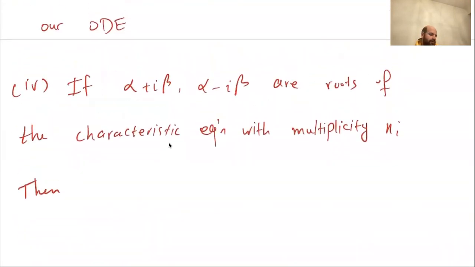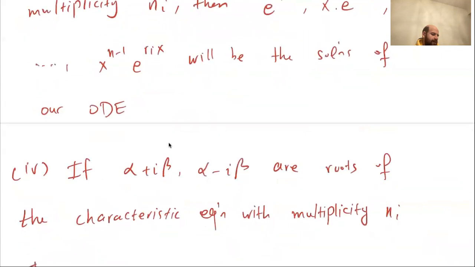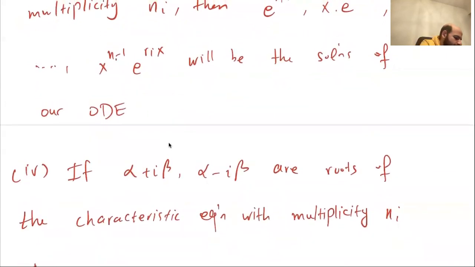So similarly, for multiplicity ni, the highest power is ni minus 1.